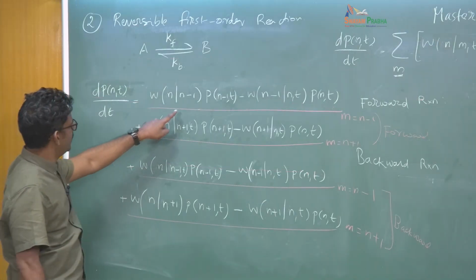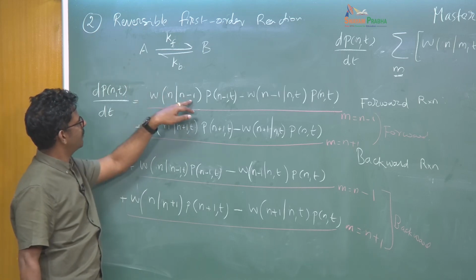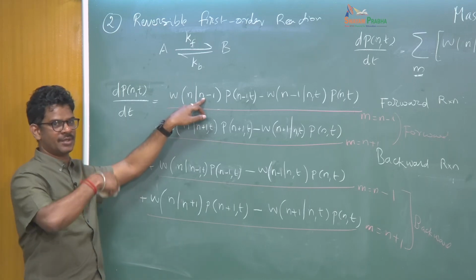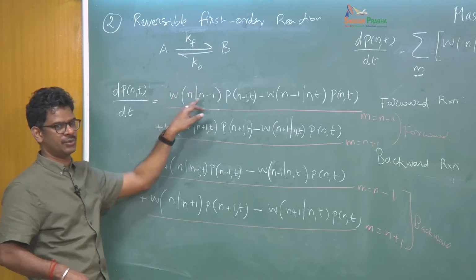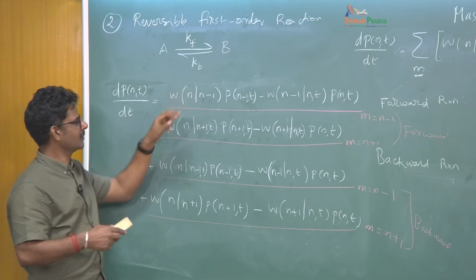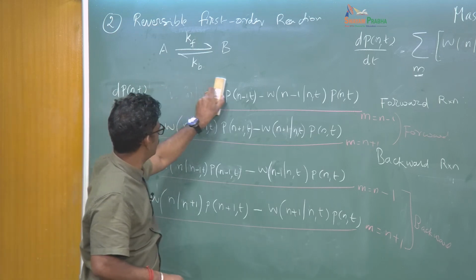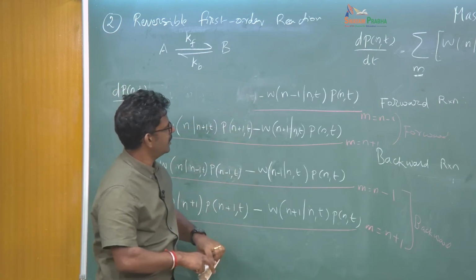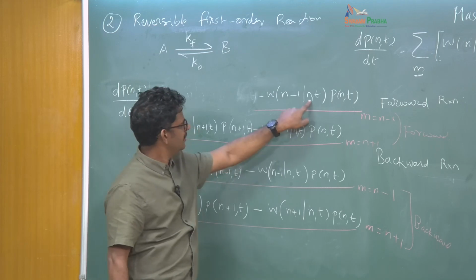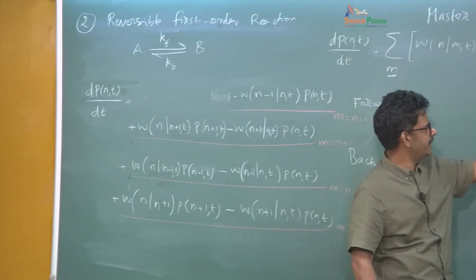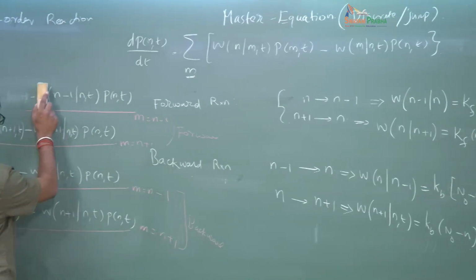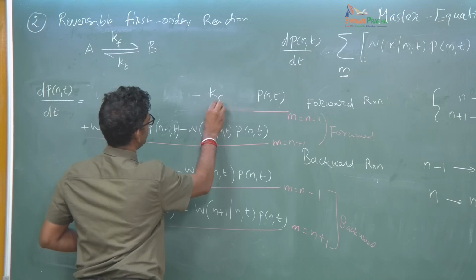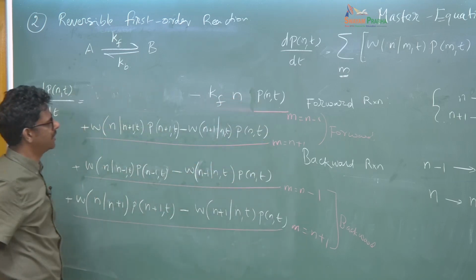So if you see this, forward reaction can never take from n minus 1 to n, because it would mean the forward reaction is increasing the number of molecules of A. So this function actually is 0, because this is not allowed. Okay, so this will drop out as far as the forward reaction is concerned. And then here, when you are in n, and you can go to n minus 1, and that we have already defined here as k of n. So this is basically nothing but minus k of n times p of n comma t. Okay.